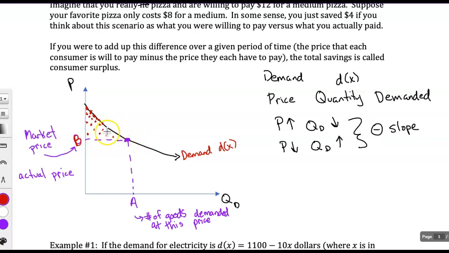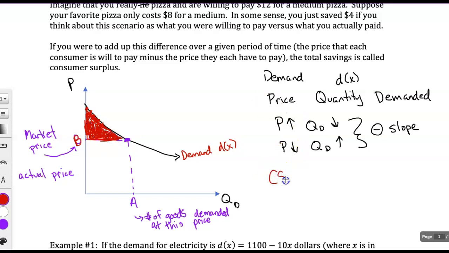But the idea is this area above the market price, but below the demand curve, is consumer surplus, because consumers were willing to pay this higher price the whole time. So I'm going to write this out for you.